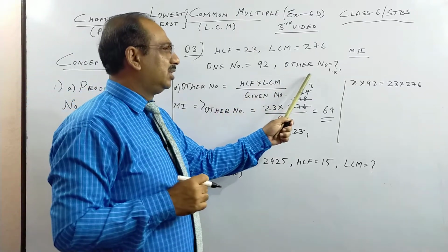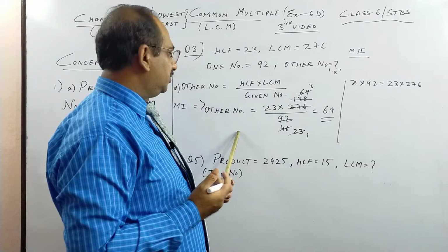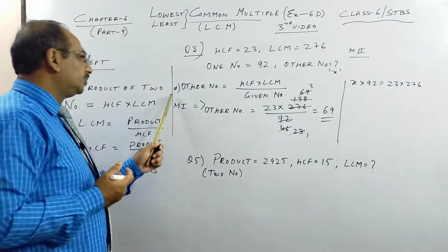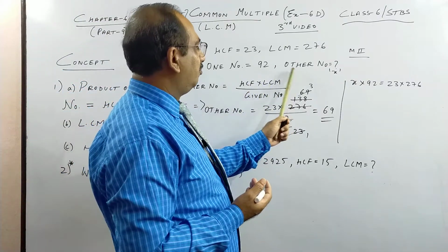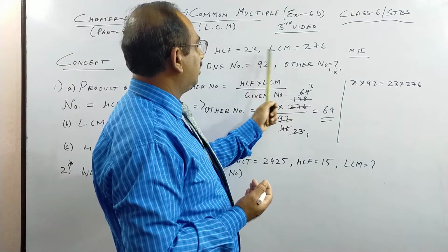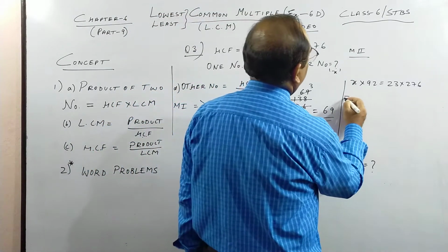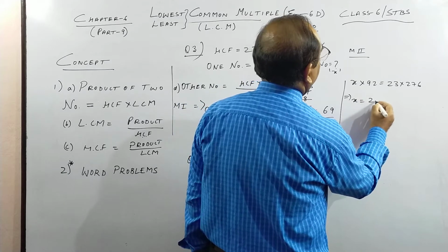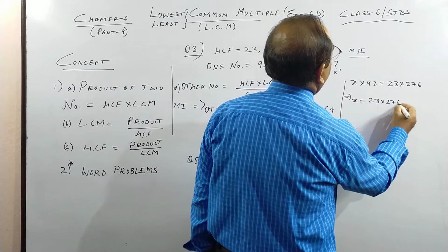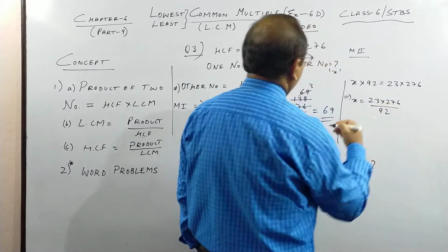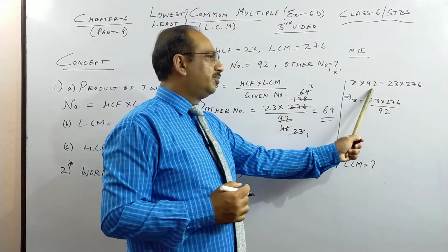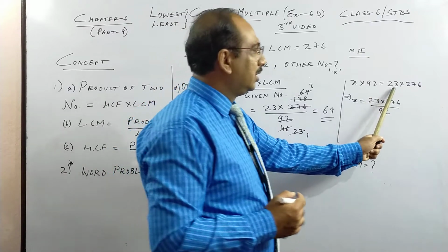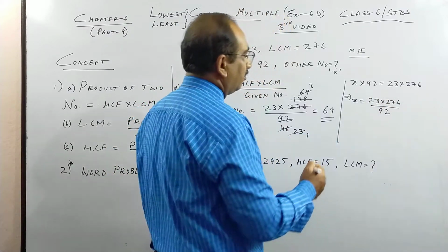Let the other number be x. I have directly put the formula: one number into the other number is HCF into LCM. So finally, children, x is 23 into 276 by 92. Ultimately you come to the same thing, children. So the product of two numbers is equal to their LCM into HCF.